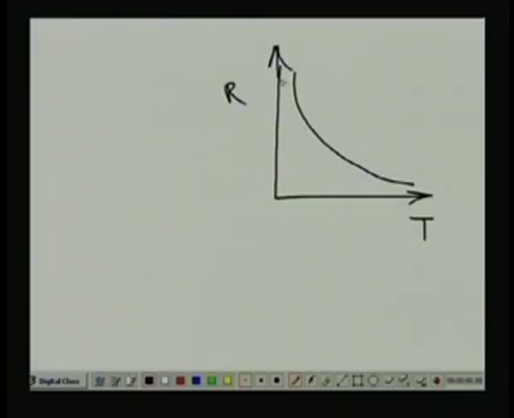Now, if you connect a resistor in parallel with the thermistor, you will lose sensitivity first of all, and it will look like this one. For some small range, I can use that thermistor almost as a linear device if I use it with a resistance in parallel.